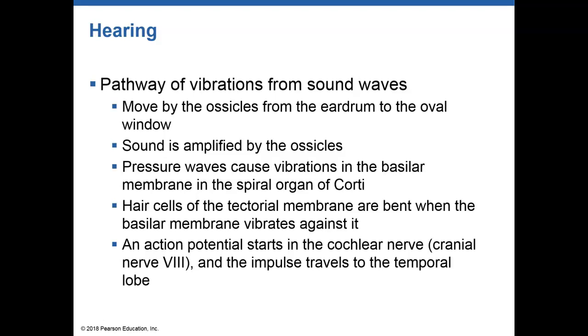The basilar membrane is found in what we call the organ of Corti, which is where the hair cells are found. Hair cells that are embedded in the tectorial membrane are going to bend as the basilar membrane vibrates. It causes those hair cells to bend, and that sends a signal to the temporal lobe.